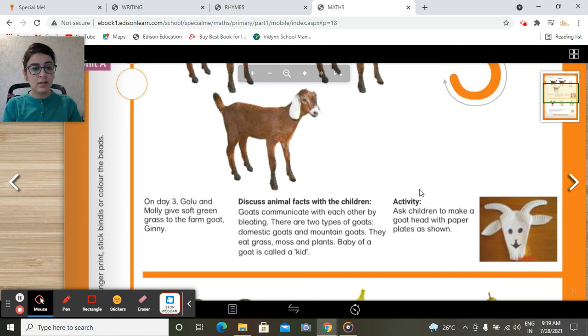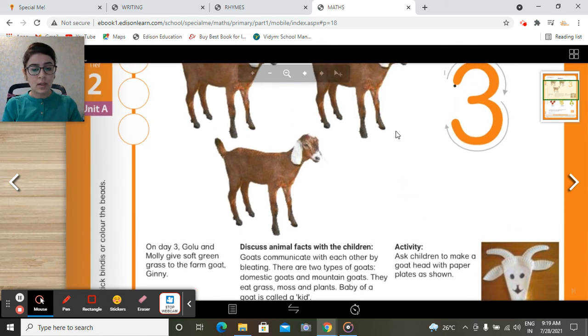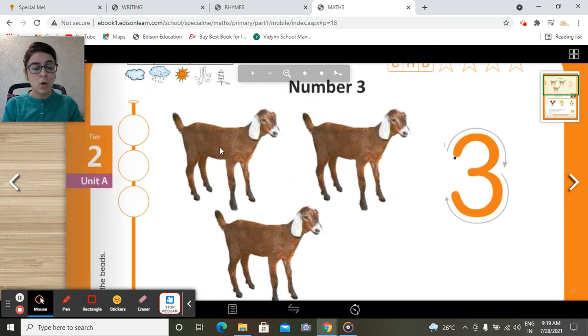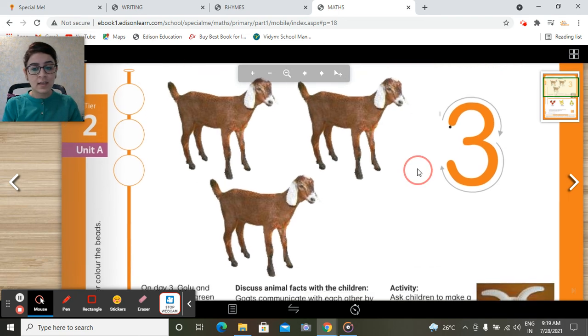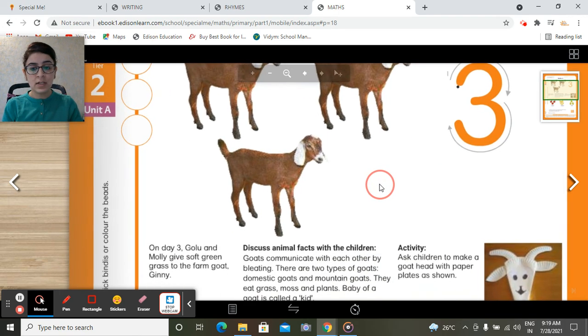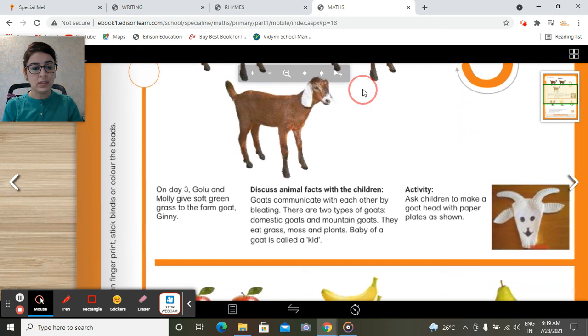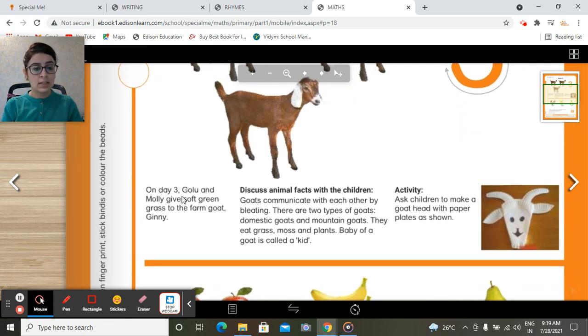So this is number 3. How many goats are there? 1, 2, 3. Which numeral is this? This is number 3. On day 3, Golu and Molly give soft green grass to farm goat Guinea.